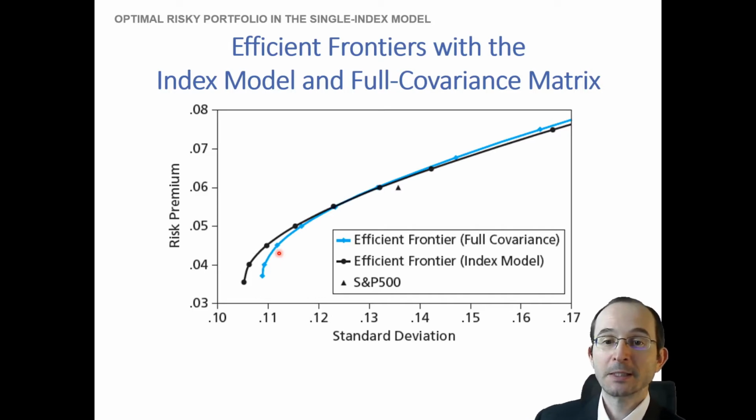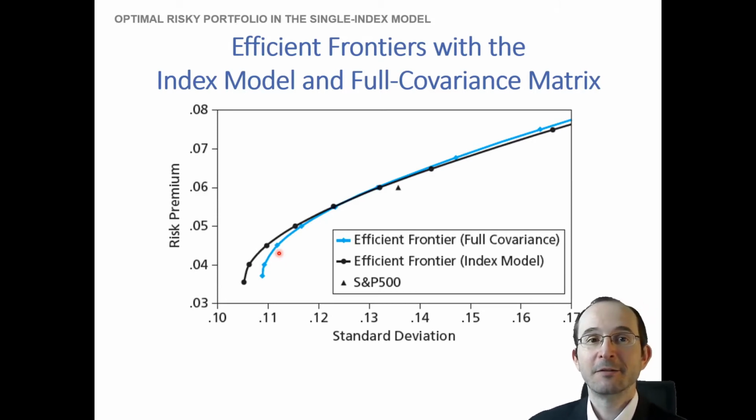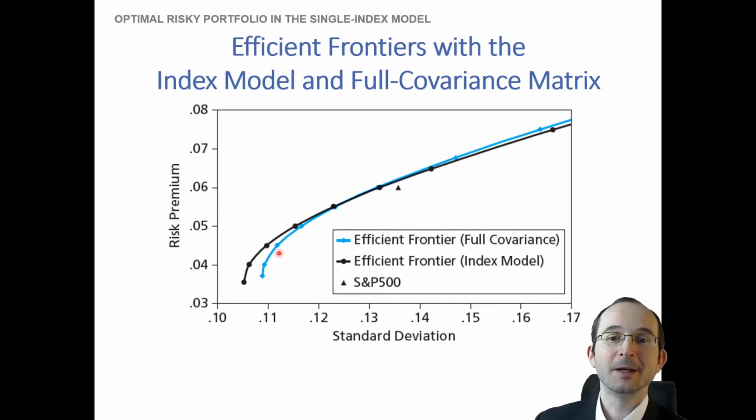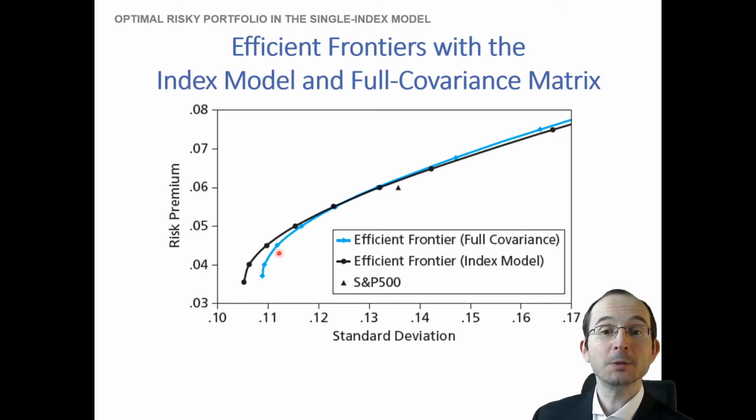So in other words, this simplifying assumption of the single index model saves us a tremendous amount of headache of not having to estimate, for the S&P 500, let's say, about 125,000 parameters, and instead only having to estimate essentially 500 alphas, 500 betas, 500 variances of model residuals, and the expected return and the expected variance of whatever the index model portfolio we want to use.